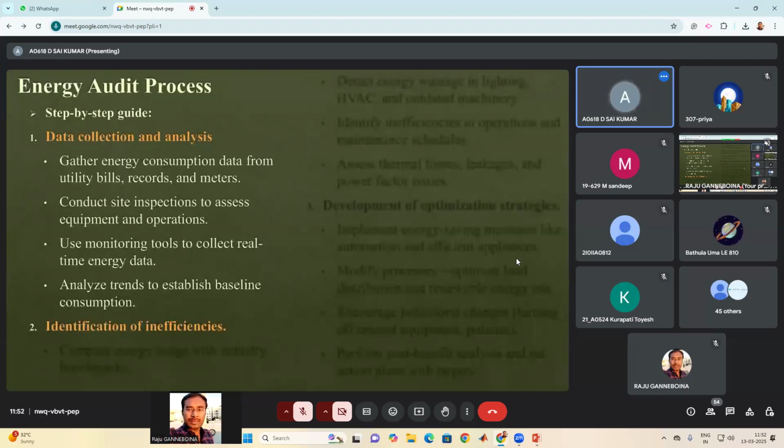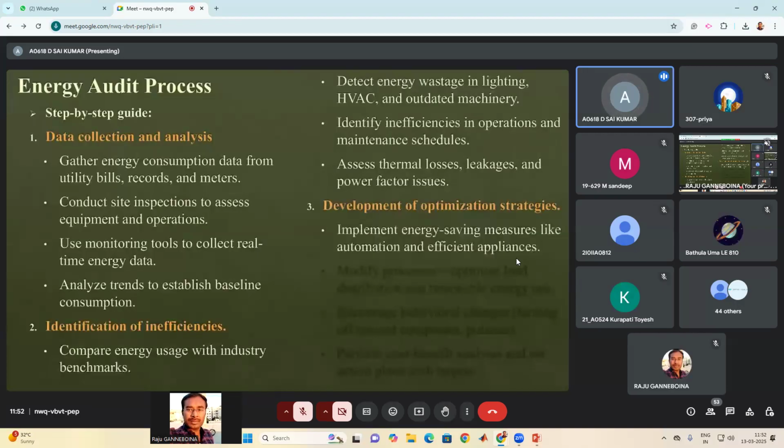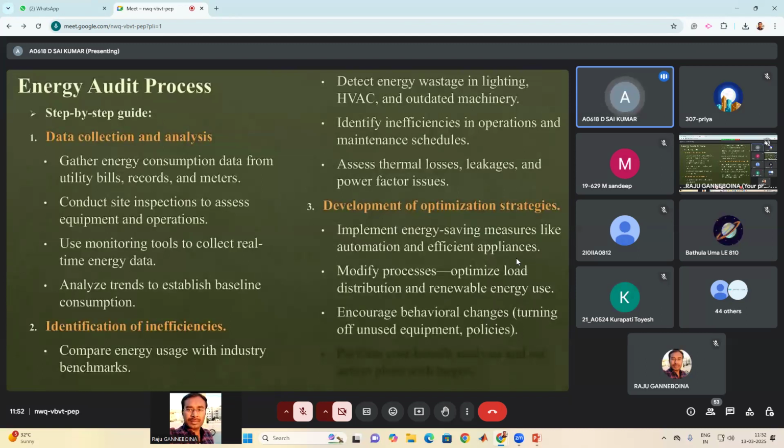The third step in an energy audit process is development of optimization strategies. Here we implement energy saving measures like automation and efficient appliances. Then we modify processes, like optimizing load distribution and renewable energy use. Then we encourage behavioral changes, such as policies for turning off unused equipment.